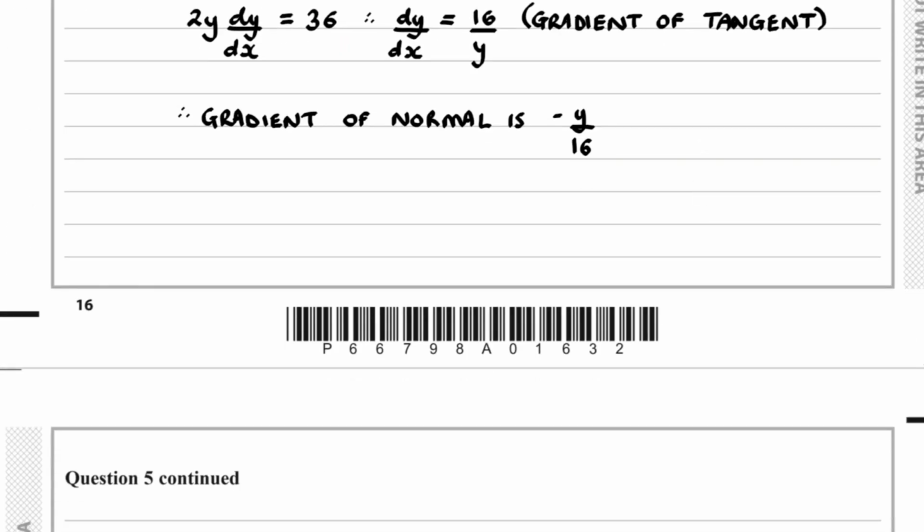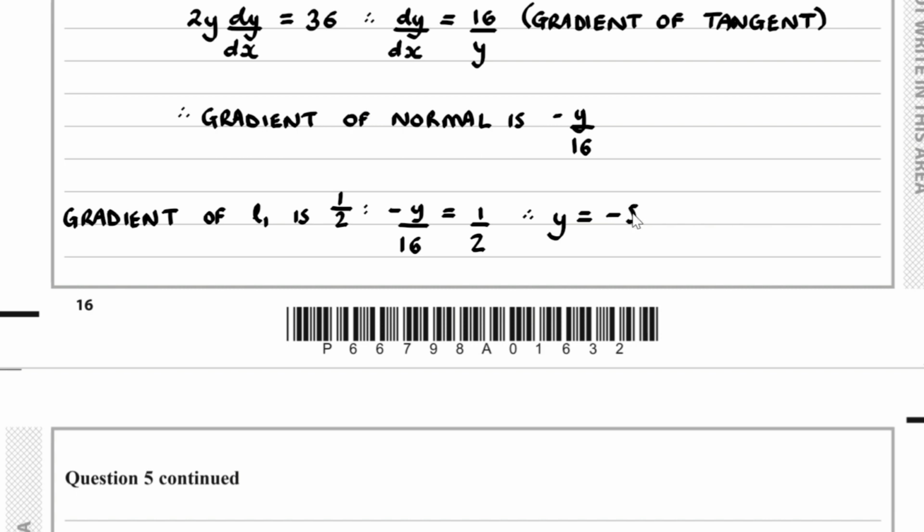So if the gradient of L1 is a half, the positive asymptote, then we have minus y over 16 equals 1/2, and from this we can see y is equal to minus 8.